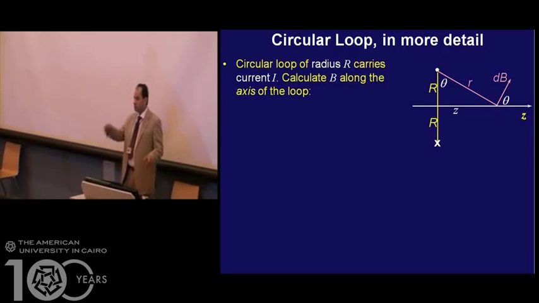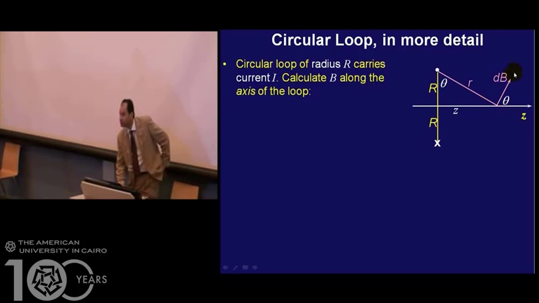It's dl cross r. It's perpendicular to dl and perpendicular to r. This is going to be the direction of the magnetic field.